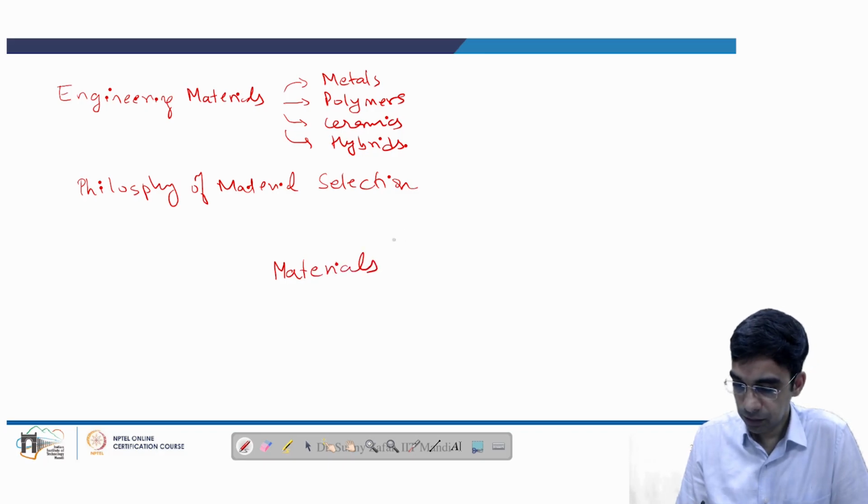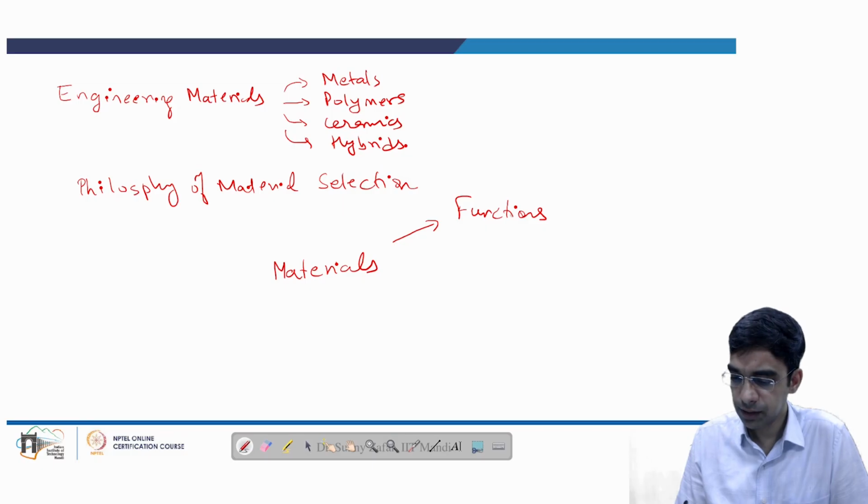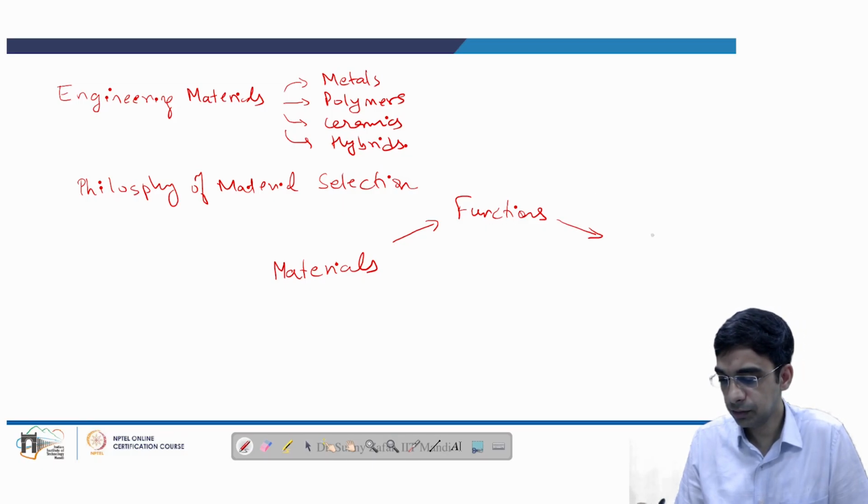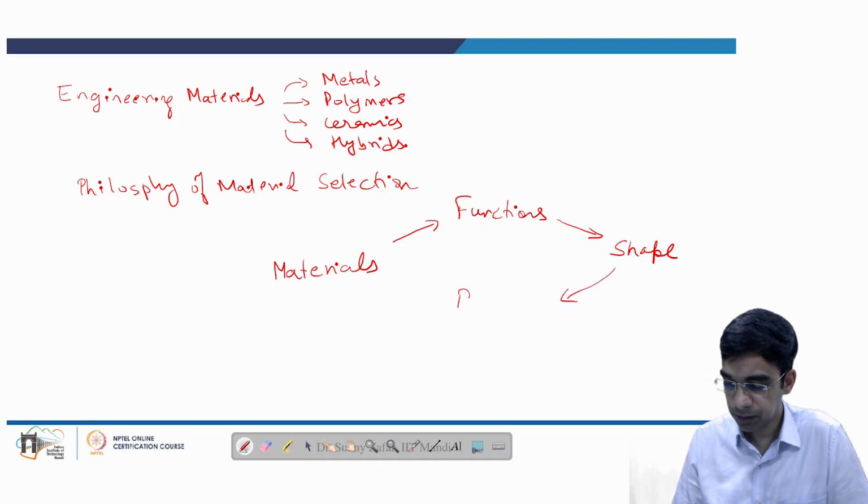Then it is based on the functionality of the product. What are the functions the product is going to perform. So based on the function of the product, the shape of the product is defined, and then based on the shape of the product, we define what manufacturing process is going to get selected.